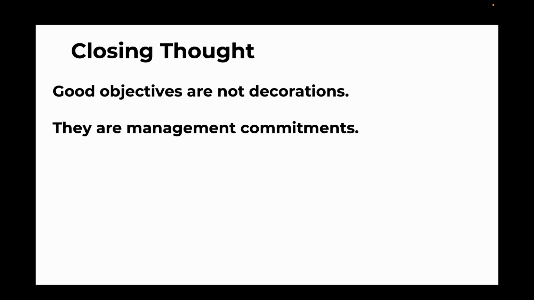A weak objective says, improve water management. A stronger objective says, reduce water use per liter filled by 15% by the end of the year using water balance analysis, leak detection, cleaning in place optimization, and weekly review of abnormal consumption. That is a very different level of management.